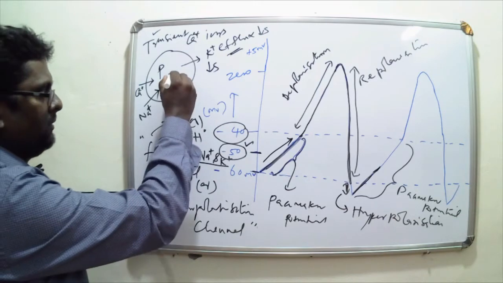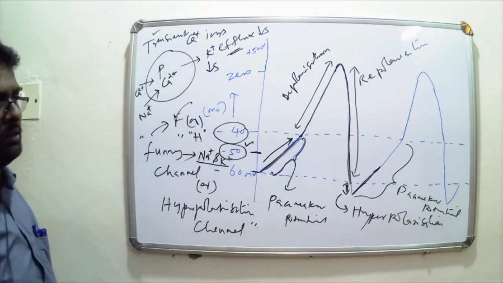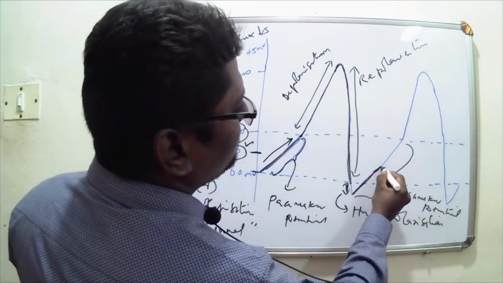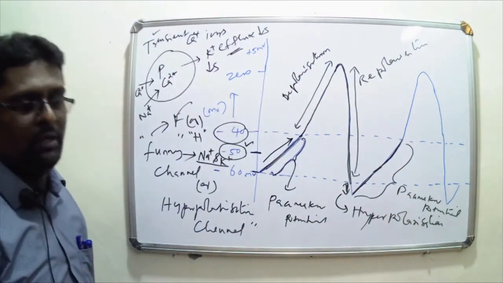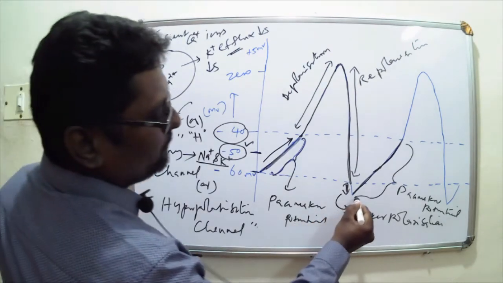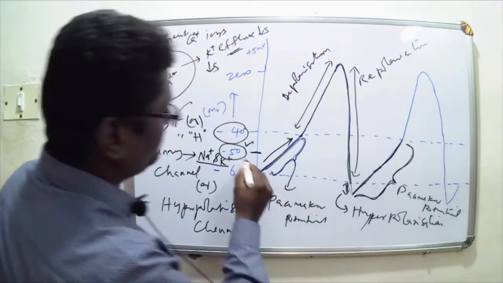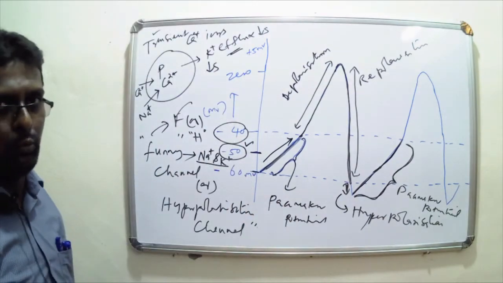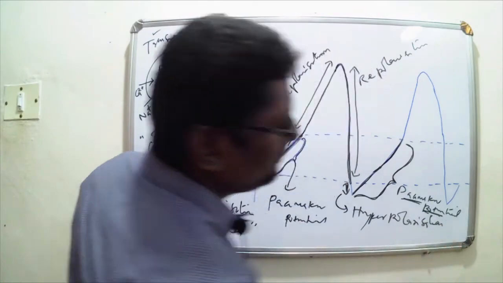This further increases the positivity inside the pacemaker cell from minus 50 to minus 40 millivolts. So this part, from minus 60 to minus 40 millivolts depolarization, is referred to as pacemaker potential.